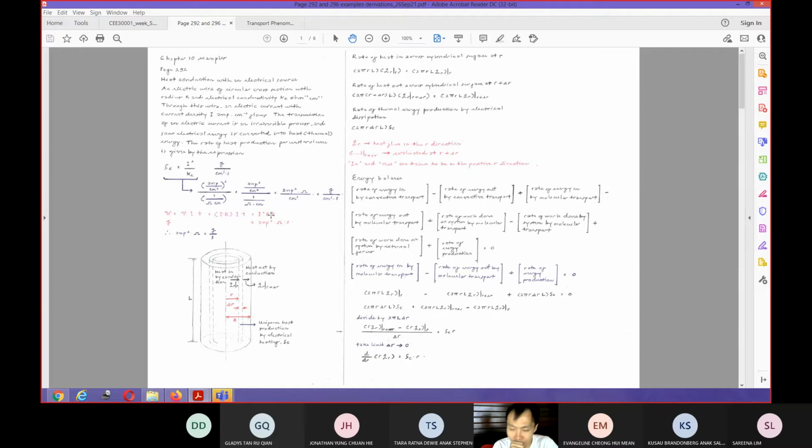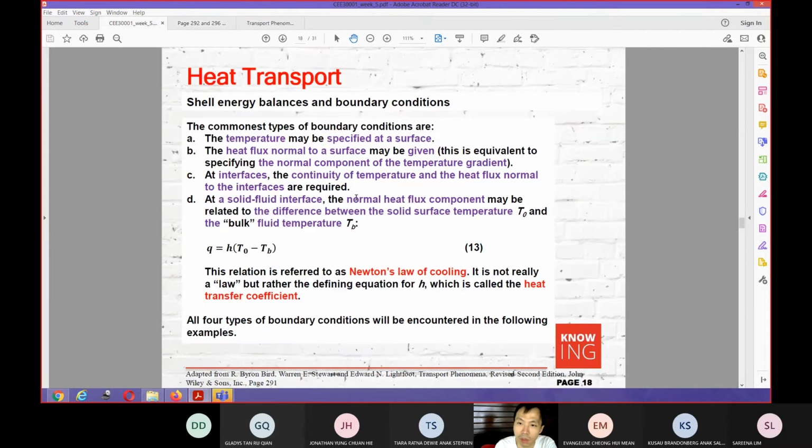Now, as in all the cases for transport phenomena, you need to go back to your system, draw your system, and then you need to show where the shell element is, and also show where the rate of heat conduction in and out is. Okay, so for this particular case, we only consider heat by conduction, because in a solid there will be no movement.